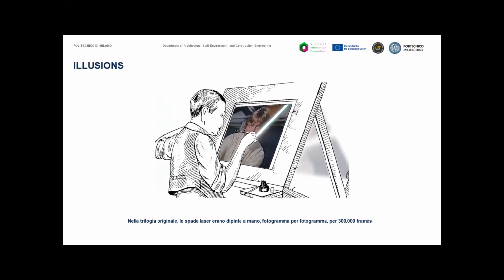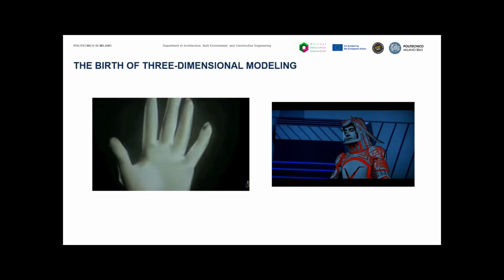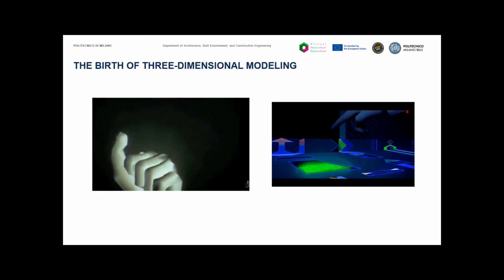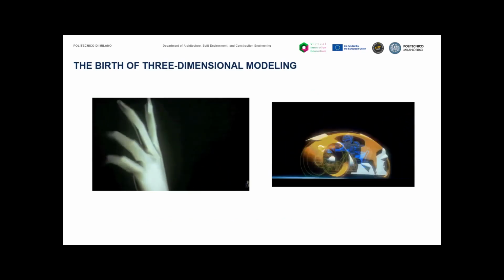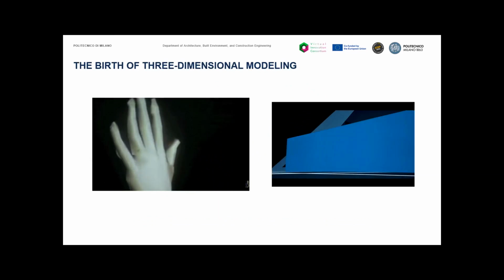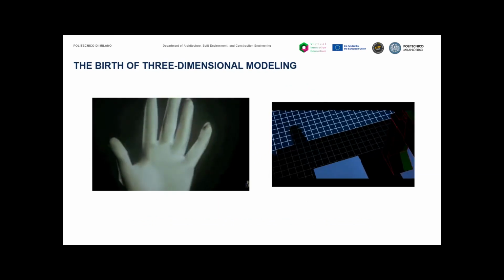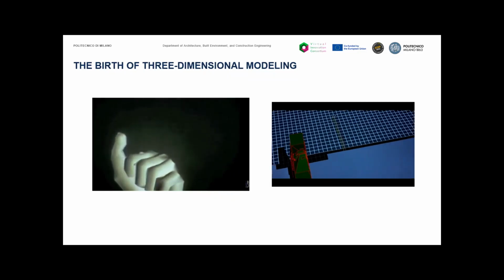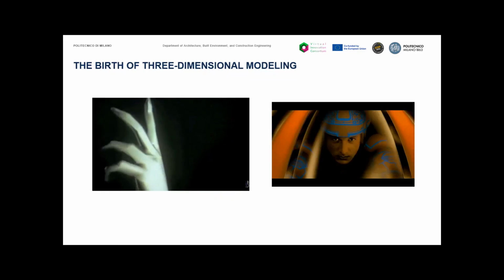So let's go to the birth of three-dimensional modeling. The history of 3D computer graphics as an actual serious technical field began in the early 70s, primarily at the University of Utah with Sutherland and Evans. So on the left, you can see an image.